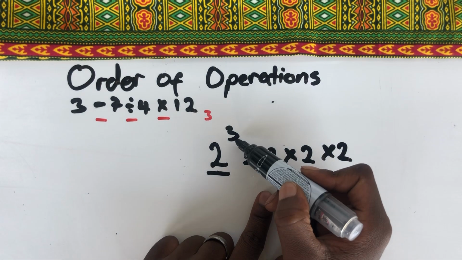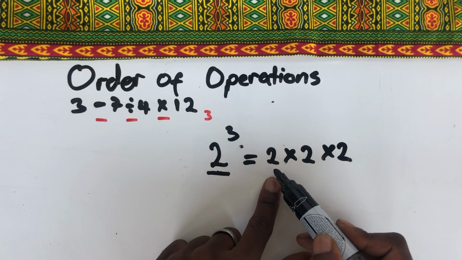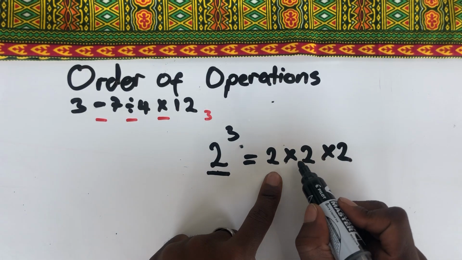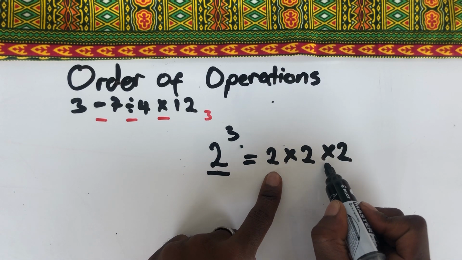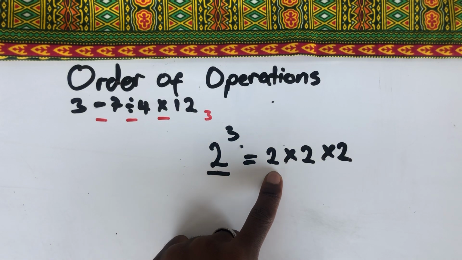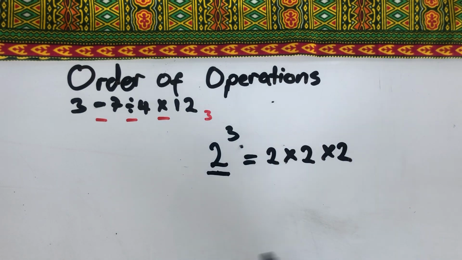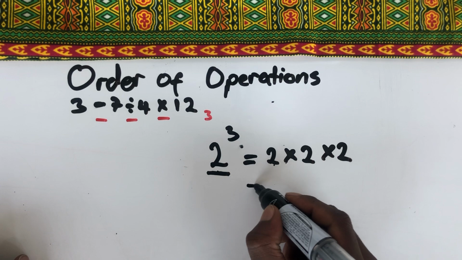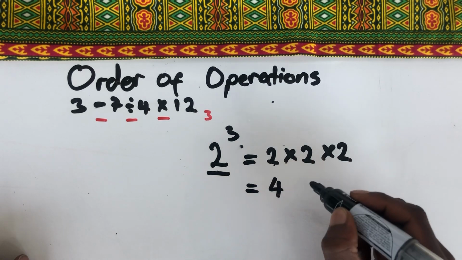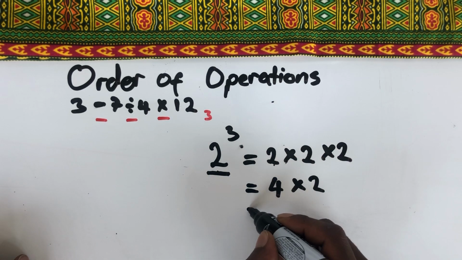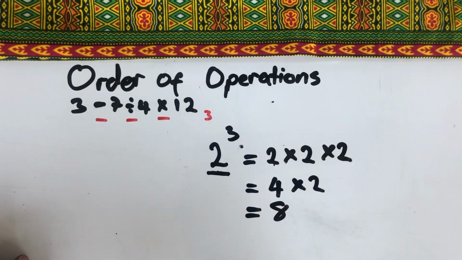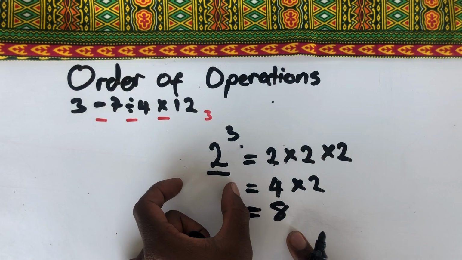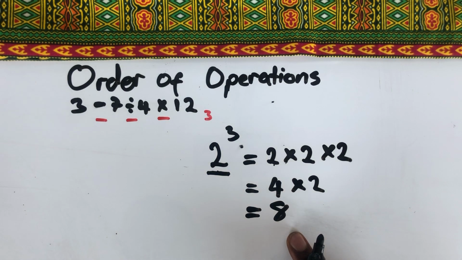The 3 here, the exponent, represents the number of 2's that we have in this expression. But if you notice, we are multiplying 2 twice. So we have 2 times 2 here, which would give us 4, times 2 would give us 8. So that is how we are meant to carry out the indices.